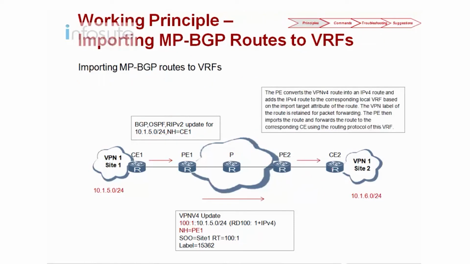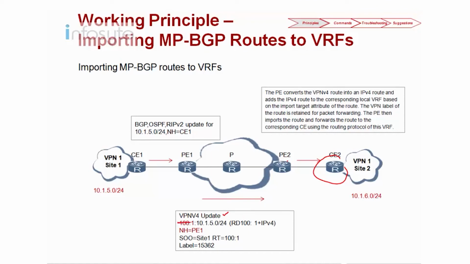Alright, so in this case, you look at here. When CE2 receives the route, it is based on the PE2 import route target. So PE2 receives the VPNv4 update. They're going to remove or convert the VPNv4 update back to the IPv4 update.